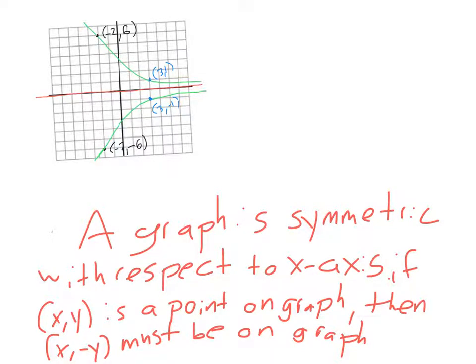This is basically what we were saying before. If a point x, y, so say 3, 1, is on the graph, then x, -y must also be on there, which would be here, 3, -1.